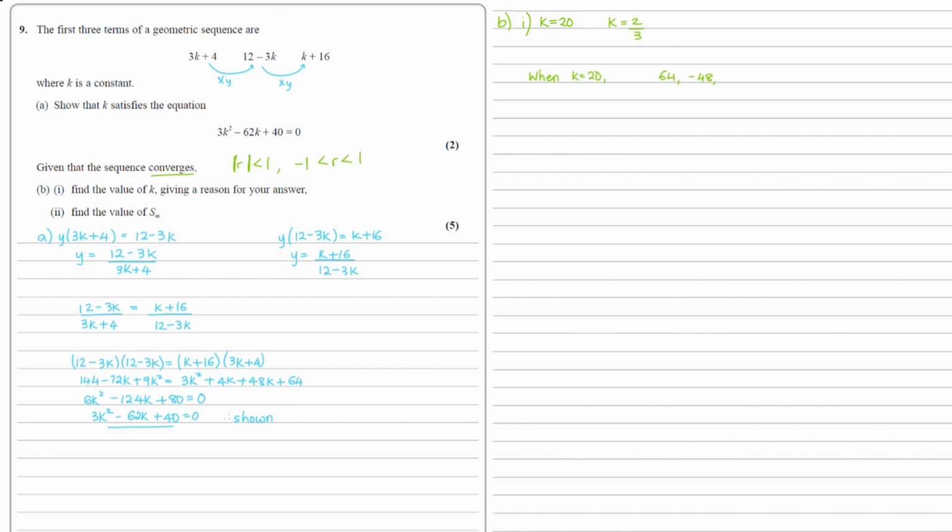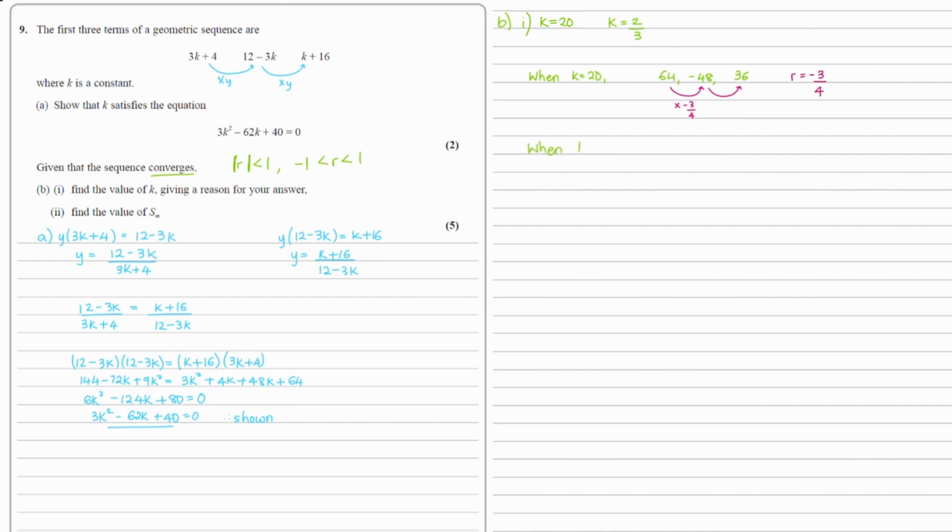And 20 plus 16 gives us 36. To check what we have done to 64 to make it minus 48, we do minus 48 divided by 64, which gives us negative 3 over 4, meaning that the common ratio r is equal to negative 3 over 4.